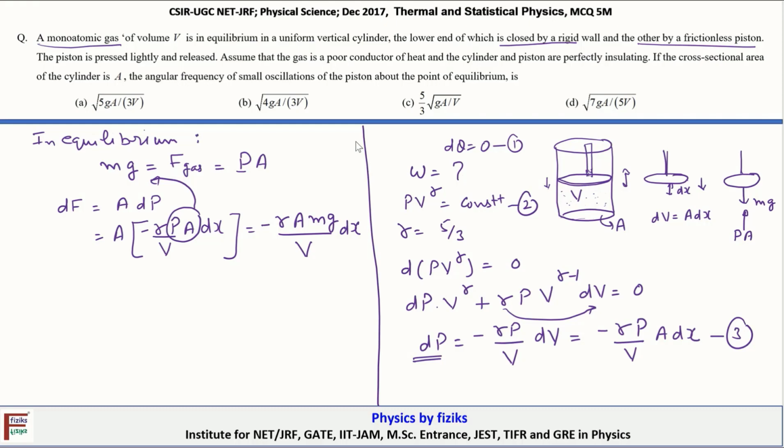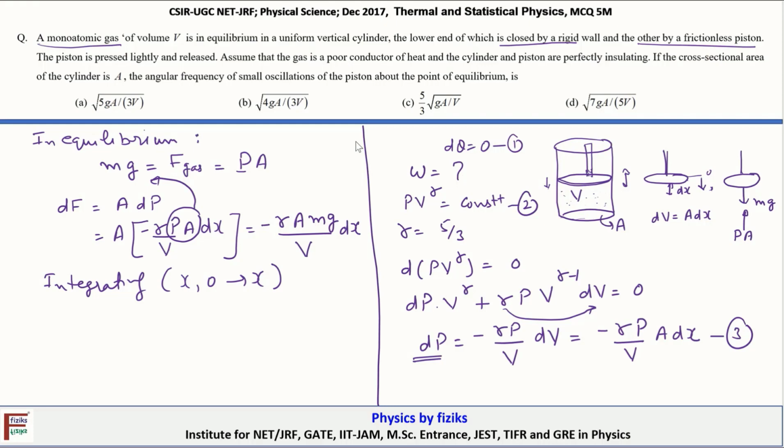So integrating, assuming that x is changing from 0 to a final value of x. Actually we assumed a change of dx. If we consider this equilibrium situation to be 0, then depending on by how much we have pressed, let the final displacement be x.